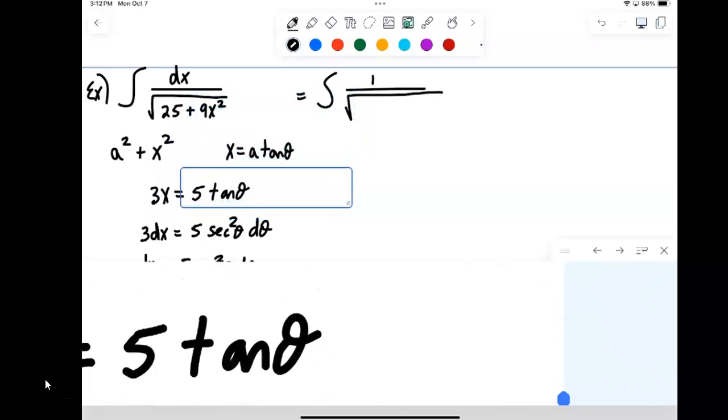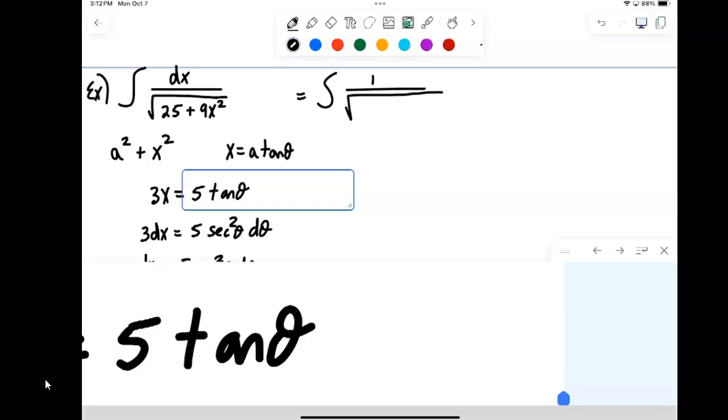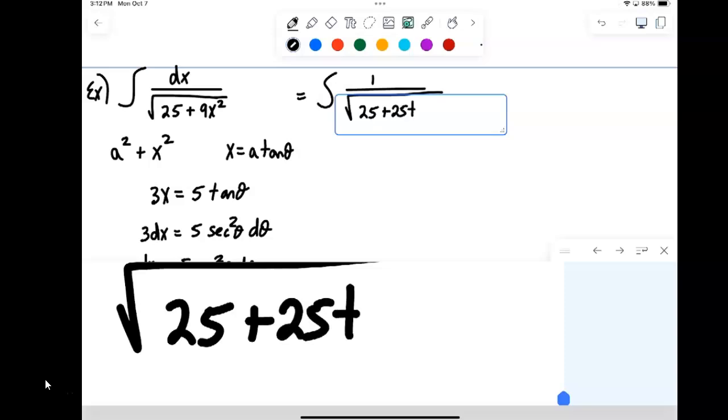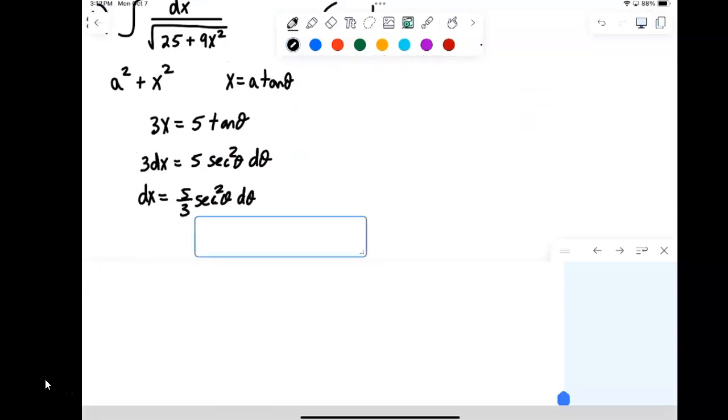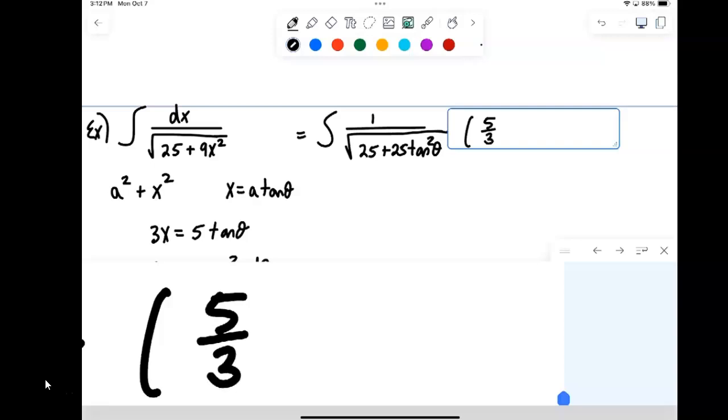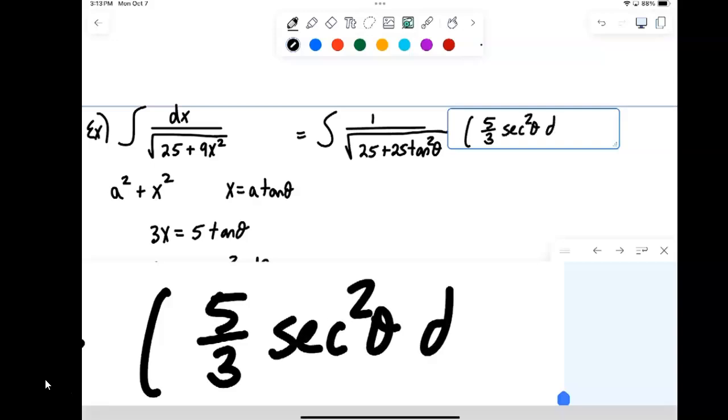That's going to become 5 squared tangent squared. So we're going to have 25 plus 25 tangent squared. And then we have 5/3 secant squared theta d theta.